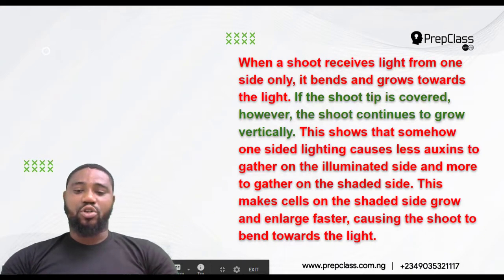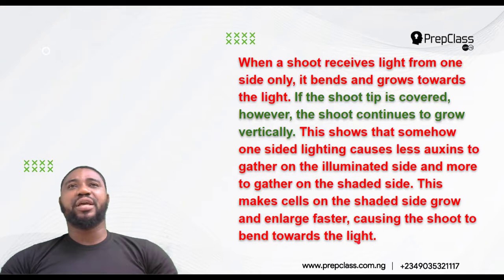So that's just what happened. This makes the cell on the shaded side grow and enlarge faster, causing the shoot to grow towards the light. So auxin and phototropism are somehow interwoven.